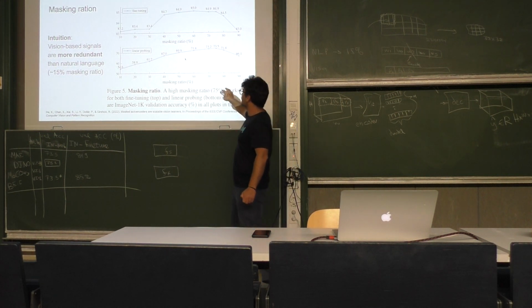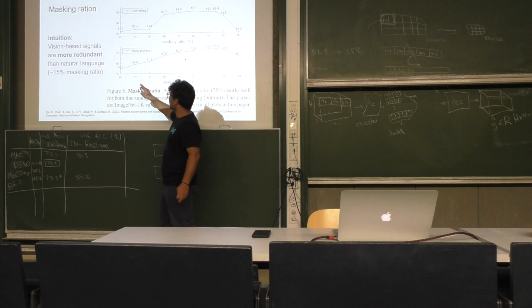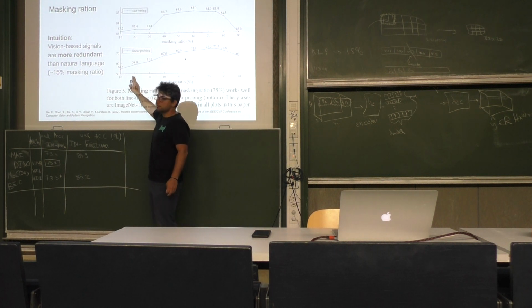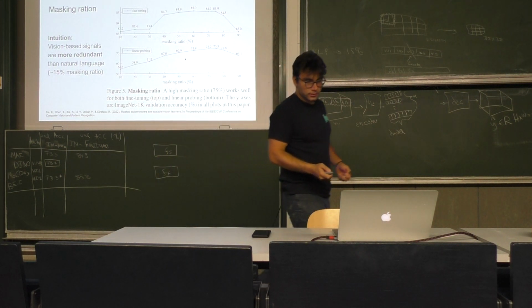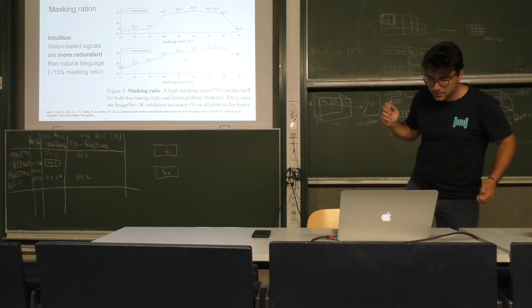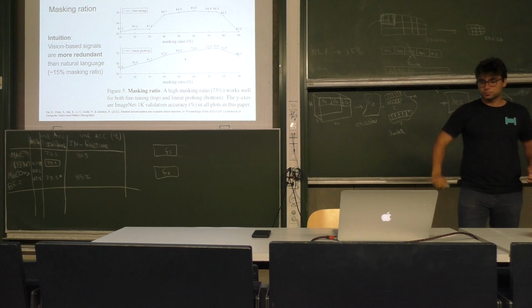But this is specific to this approach. You should expect that all the different masking-based approaches that you will see in vision will have at least a larger masking ratio. Here they found that the optimal is around 75% for natural images.